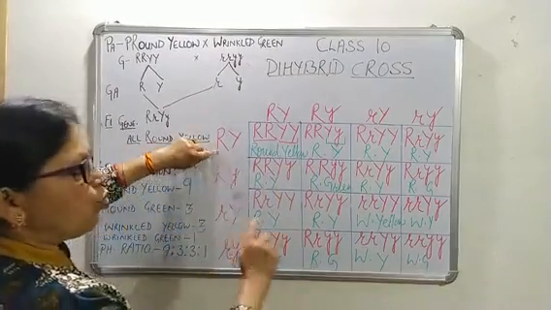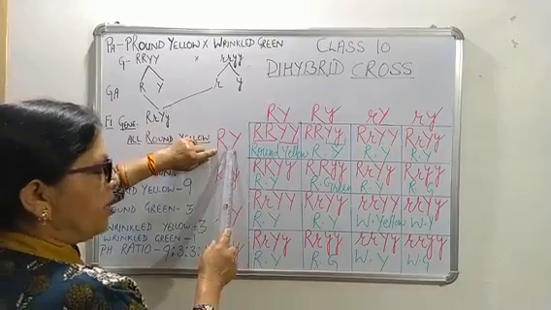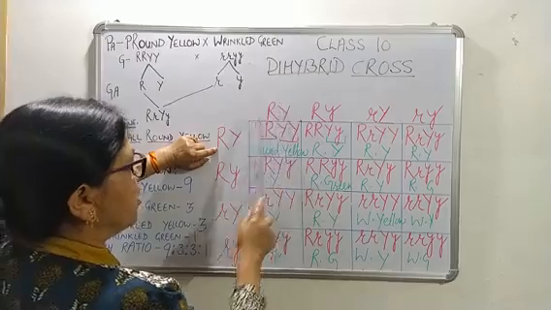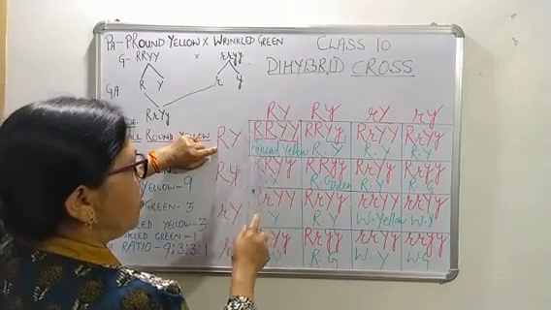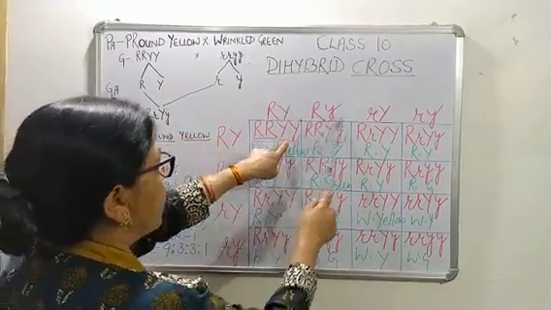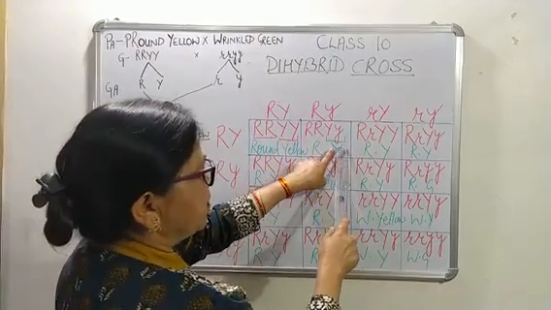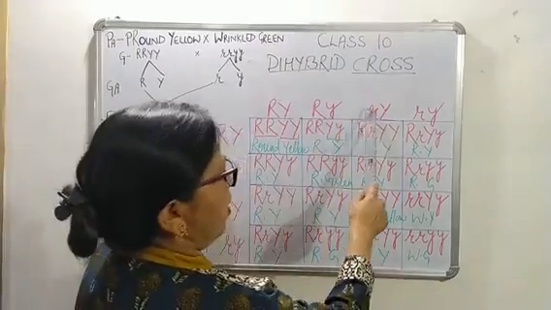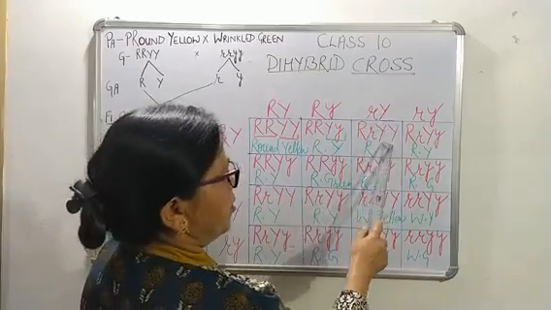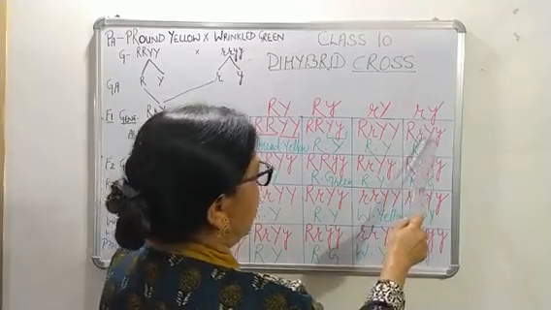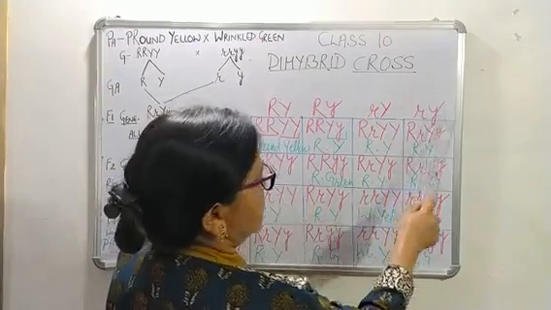When we cross, how to cross them? Take the first gamete, cross with all four. Take this first, cross with first. So capital R, capital Y, capital R, capital Y. Second is capital R, capital Y, capital R, small y. Then capital R, capital Y, small r, capital Y and small y.